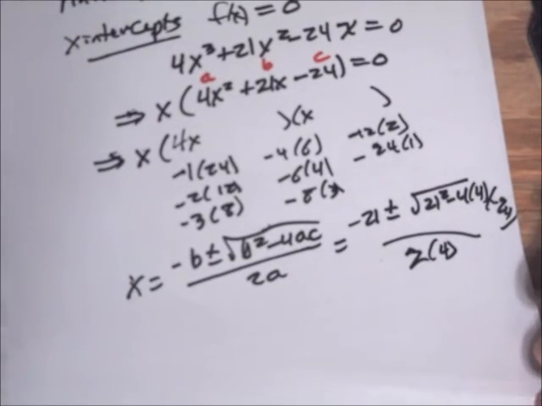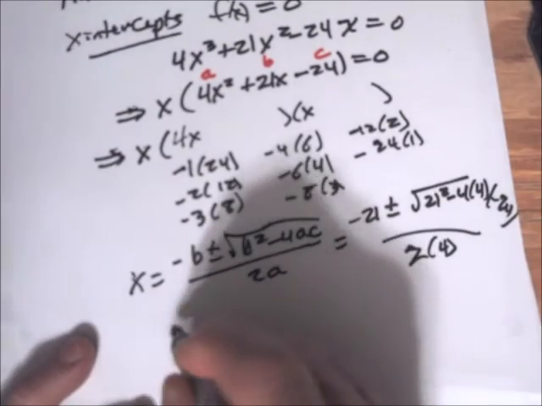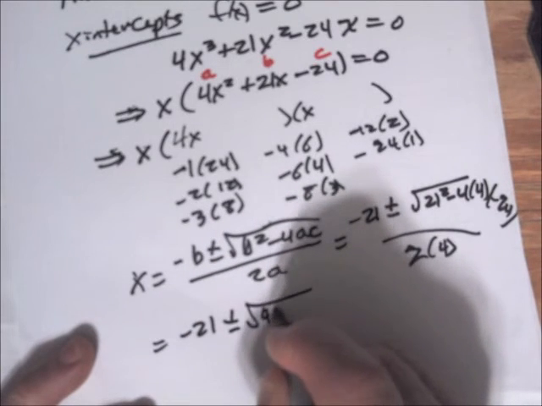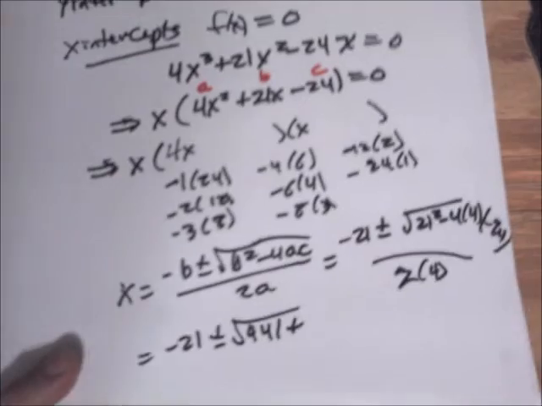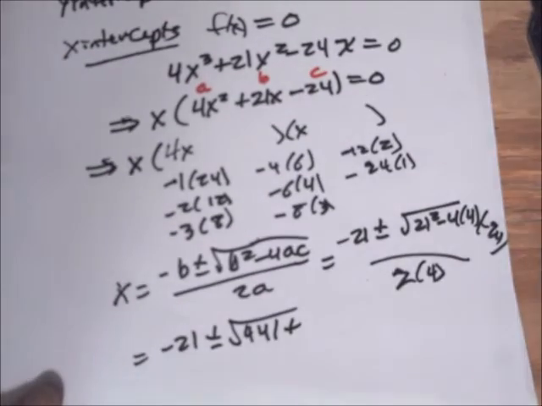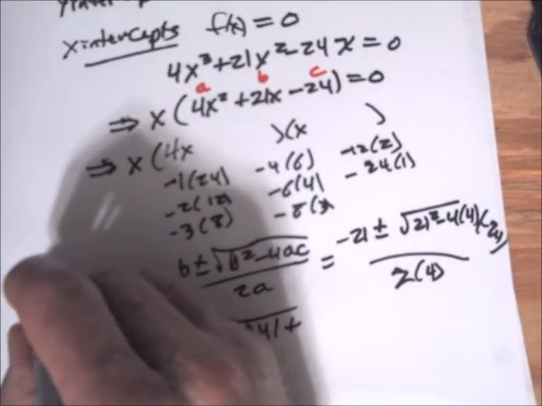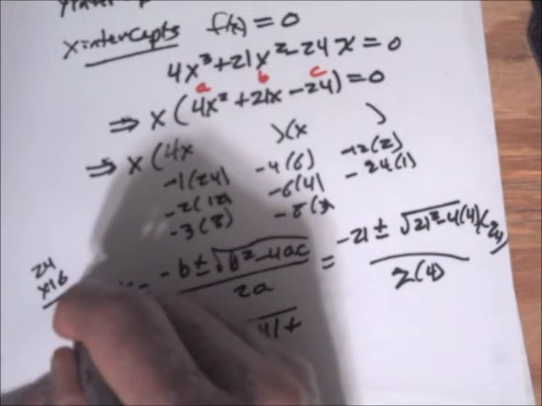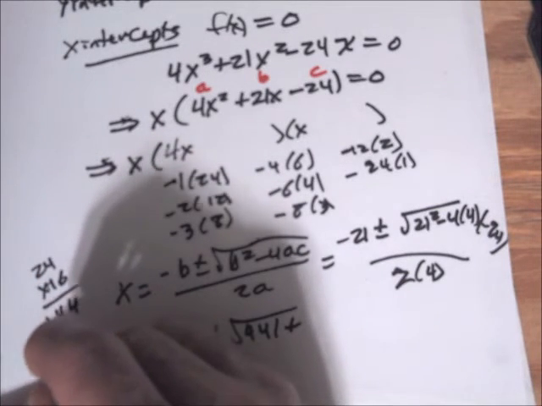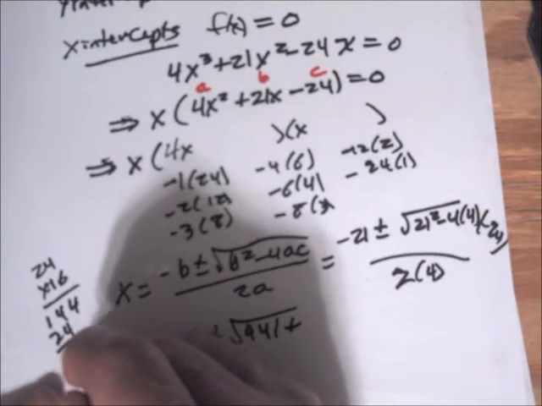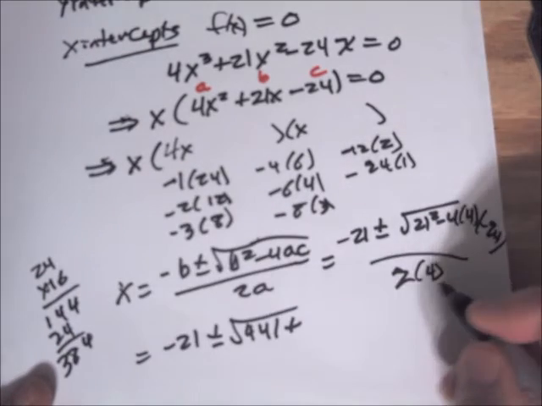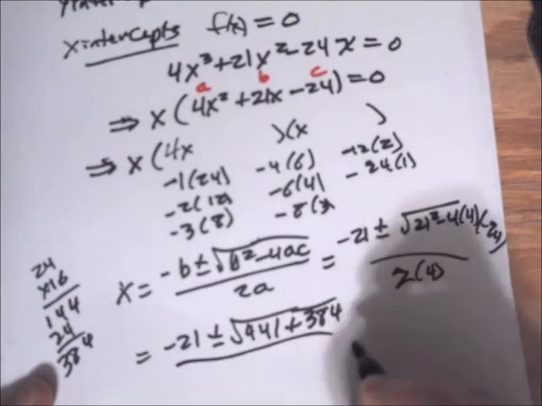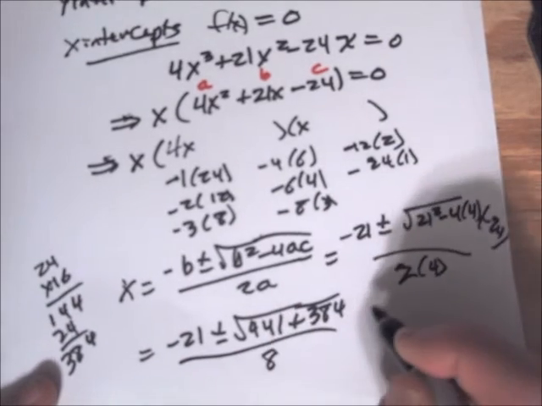It's minus 21 plus or minus the square root of 441 plus 16 times 24, which is 384, over 8.